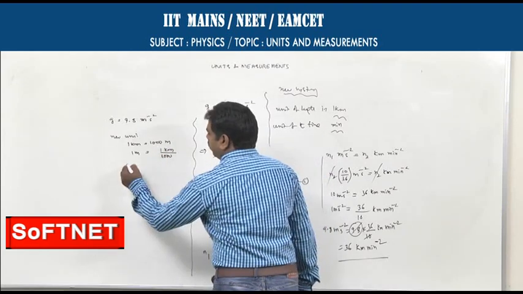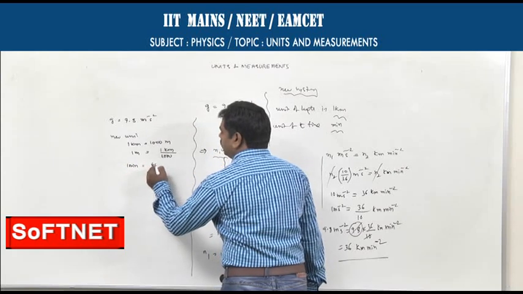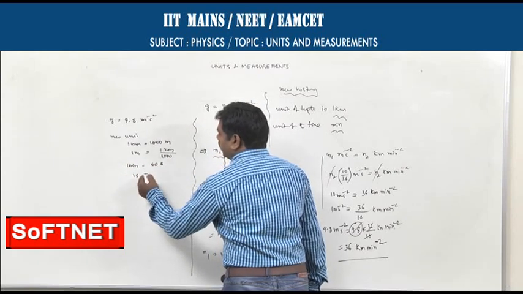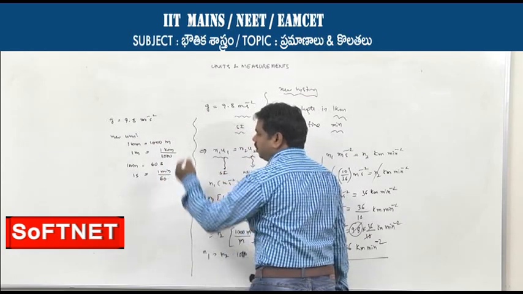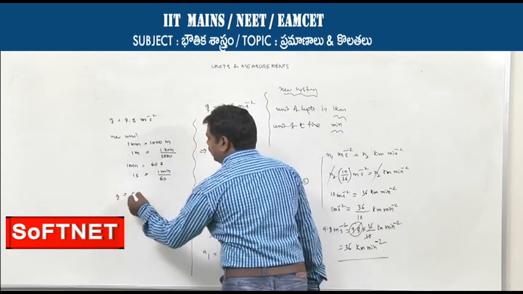And similarly, 1 minute is equal to 60 seconds, or 1 second is equal to 1 minute by 60. Substitute that value directly in this equation.